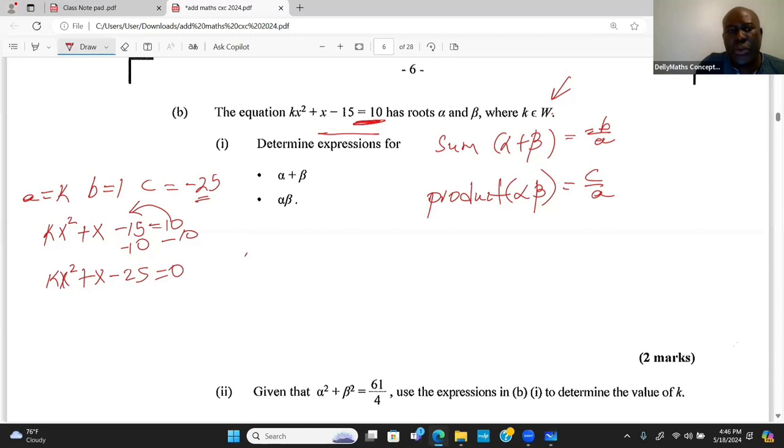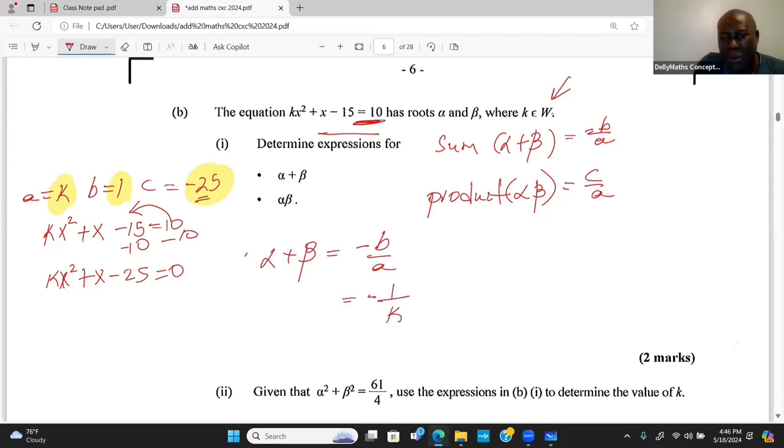With that said, we can simply take these: a is equal to k, b is equal to 1, c is equal to negative 25, and then represent it. We want to write the expression for the sum, which is alpha plus beta. As we said, it is minus b over a, and in this context, minus b is minus 1 over a, and a is k.